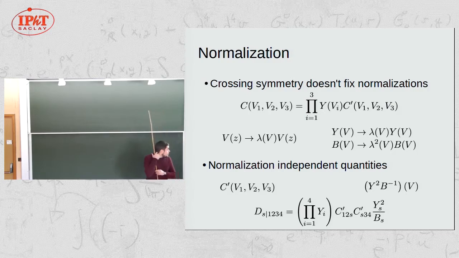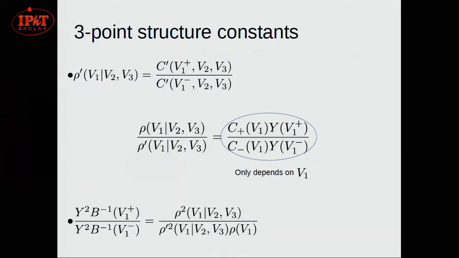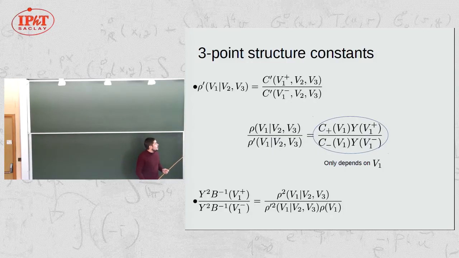So the question now is, how do we determine the normalization independent part of the 3-point structure constant, C prime? If we define in a similar way as before the ratio of the normalization independent parts as being rho prime, we see that the ratio between the original ratio rho and rho prime should give a factor that depends only on the dimensions of the first field.